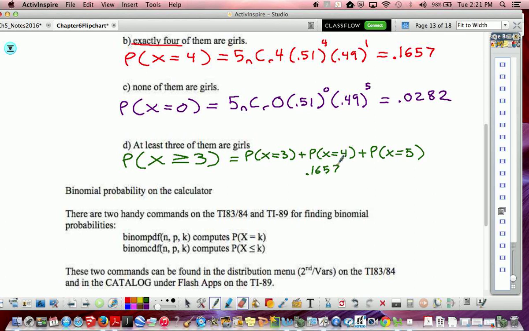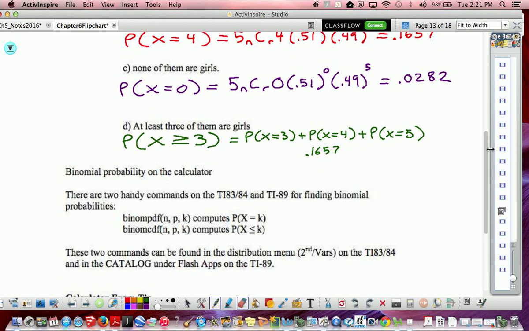So let's do this quick. Let's have this half of the room calculate out exactly 3. And let's have this half of the room do exactly 5, just to save a little bit of time. I'll write them both up here. If you don't know which one to do, pick one.